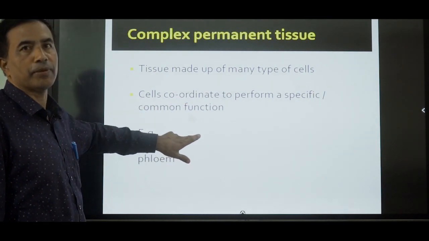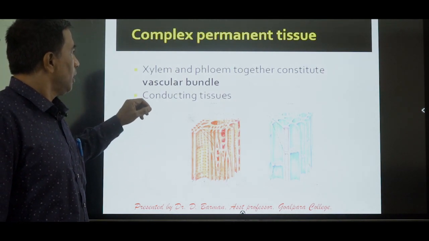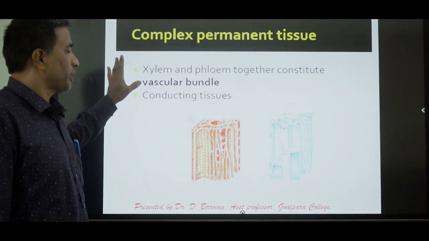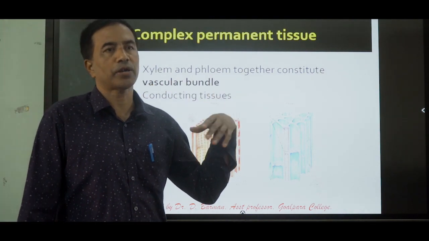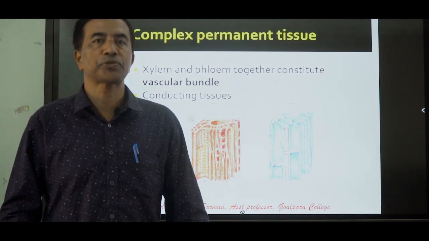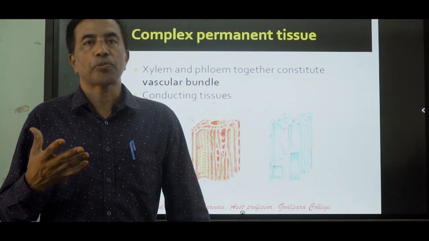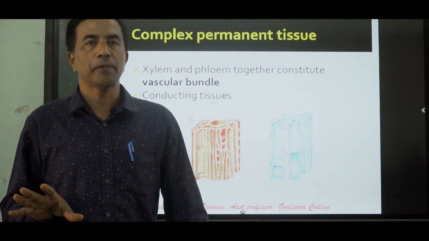In xylem, they conduct water and minerals from roots to the leaves, and in phloem, they conduct food material from leaves to the other parts of the plant.